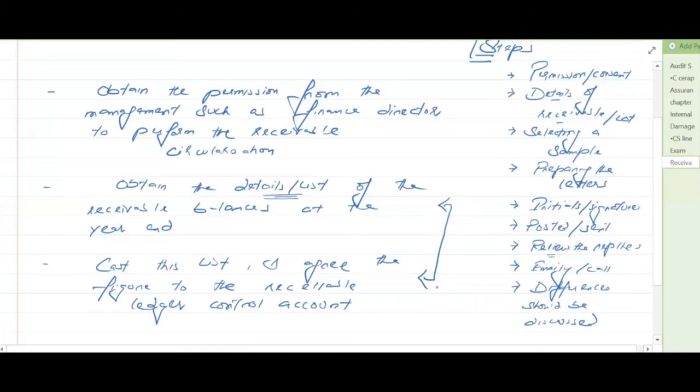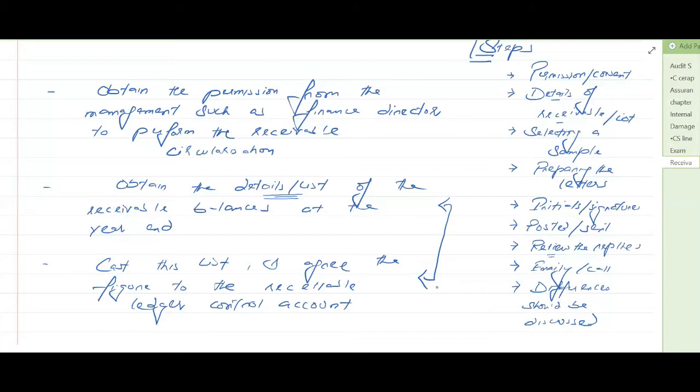Because we know from our earlier accounting concepts that we prepare a day book, and from the day book, the individual balances are posted in the individual ledgers and the total goes to the control account. So if there is an error in the day book, that will constitute an error in the individual balances as well as in the control account. But if there is a casting error of the day book, then the difference is going to be only in the control account. So when you are performing the audit, you should know all of the accounting.